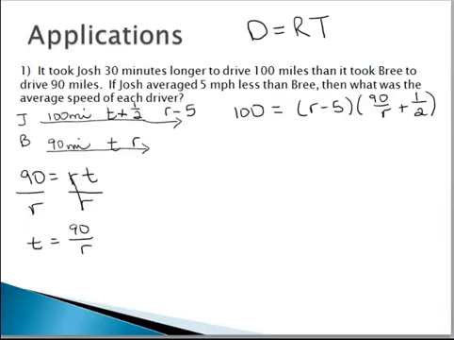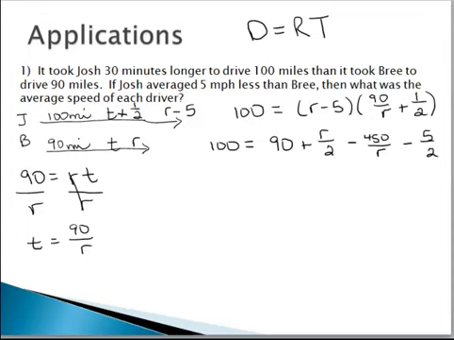So multiply all of this out, we get 100 is equal to r times 90 over r, which is just 90. R times 1/2 is r over 2. Then we have negative 5 times 90 over r, that's negative 450 over r. And then negative 5 times 1/2 is negative 5/2.